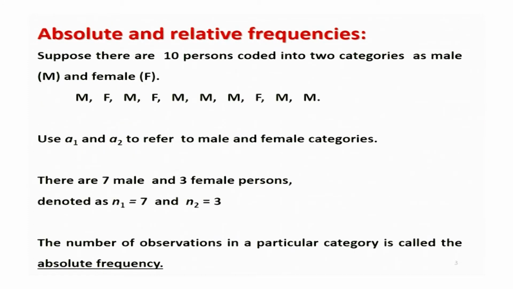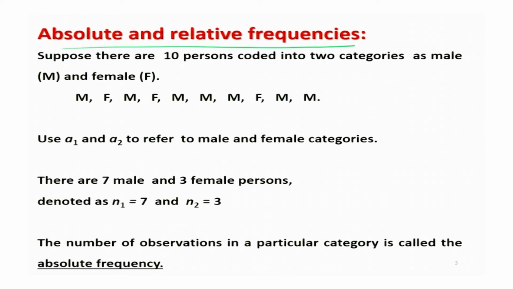We are not going into these details in this course, but I would simply show you some very basic elementary tools of descriptive statistics. We are trying to compile the data in a statistical way. So first we try to understand the concept of absolute and relative frequencies.